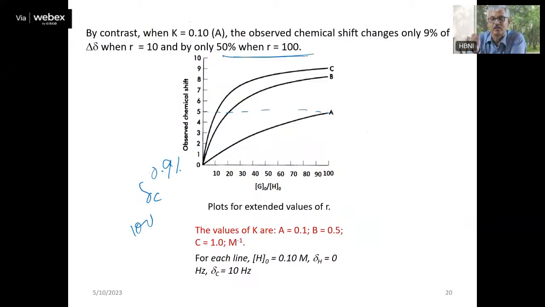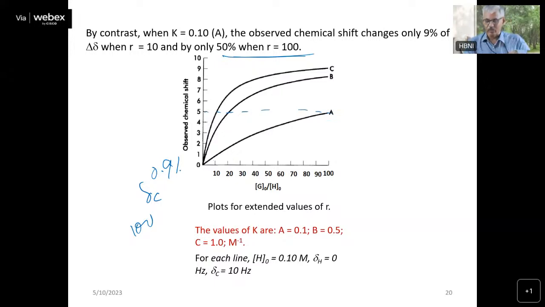So if the equilibrium constant for the complex is less, you have to keep on increasing the gas concentration, and you may not get a good result.